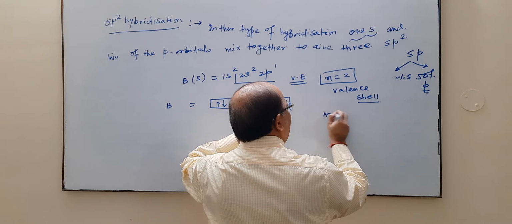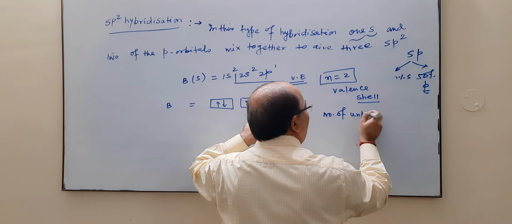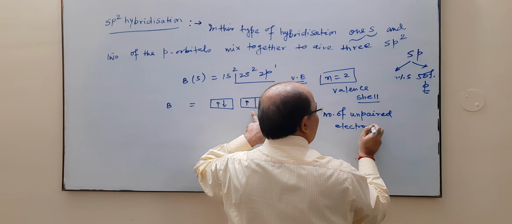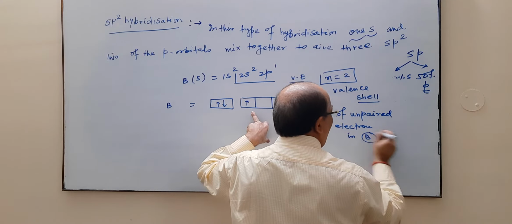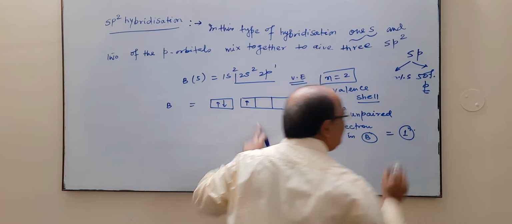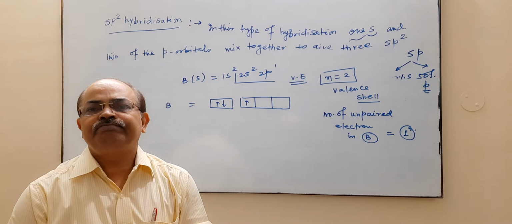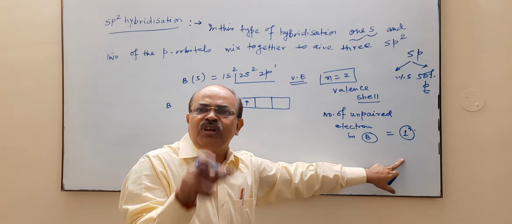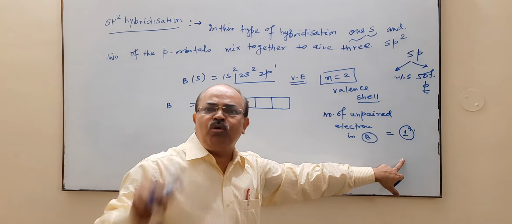आप देखिए, your number of unpaired electrons in boron, that is 1. So its covalency should be 1. यहां अनपेयर्ड इलेक्ट्रॉन एक है, इसलिए इनकी कोवेलेंसी एक होनी चाहिए.